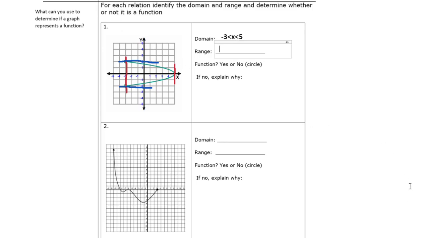So using that same logic, we want to start with our smallest value. Since it is an open end to the interval, we are not including the value. So our smallest value being -2, and it does not include the -2.